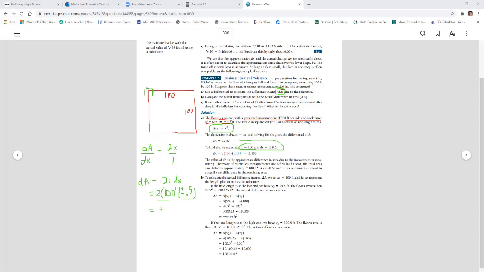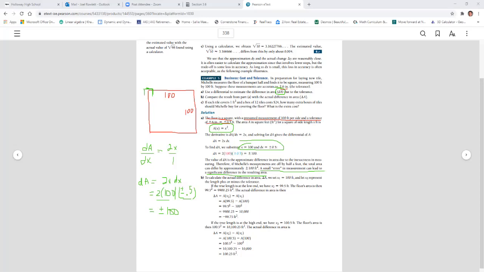So we could be off by as much as 100 square feet either way. And that sounds like a lot to me. In fact, I guess the author agrees, because the author says a small error in measurement can lead to a significant difference in the resulting area.